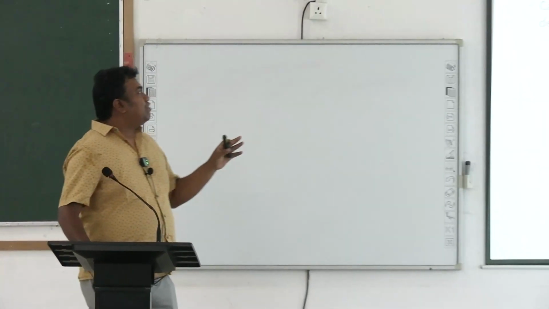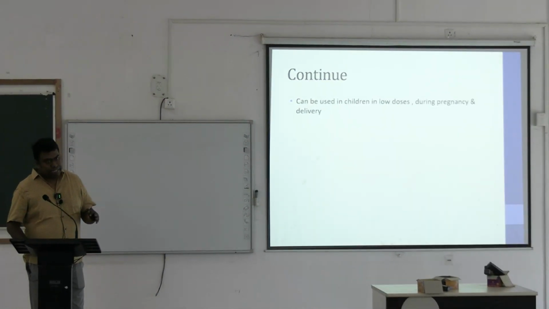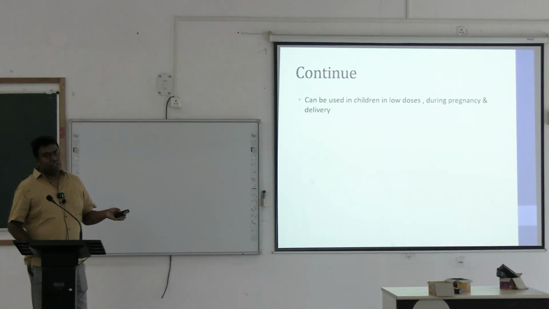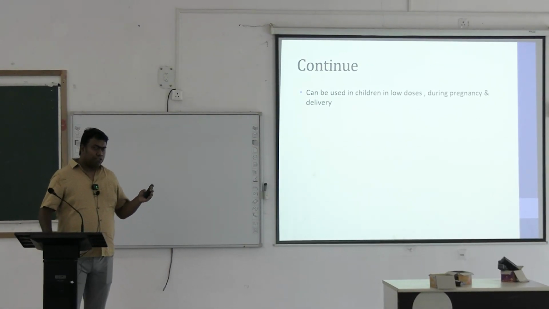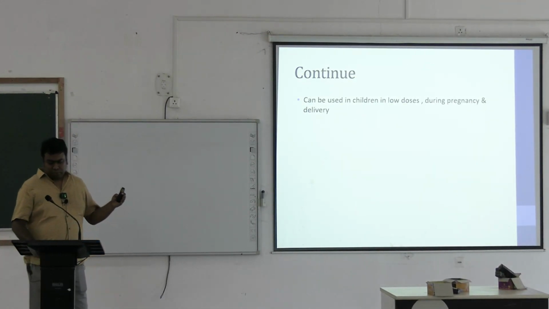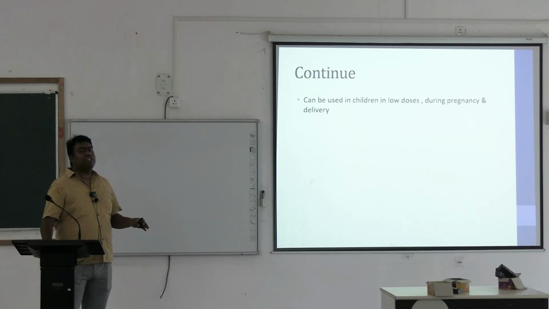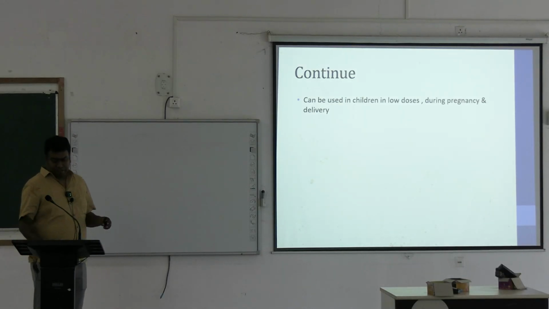Low dose can be used in children. It can also be used during pregnancy, during delivery, and in the postpartum period. So children, pregnancy, postpartum period, this drug can be used, that is zidovudine. One side effect to remember is bone marrow depression.